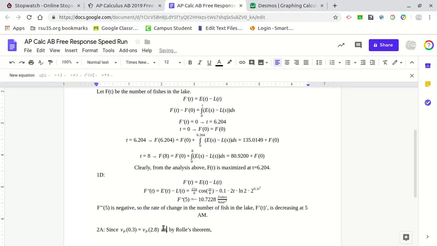and then the other condition is that vP is a differentiable function.